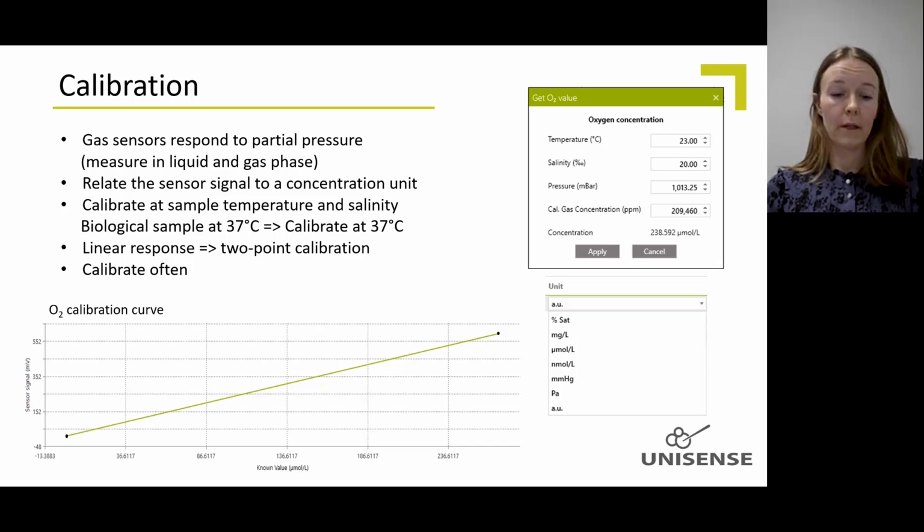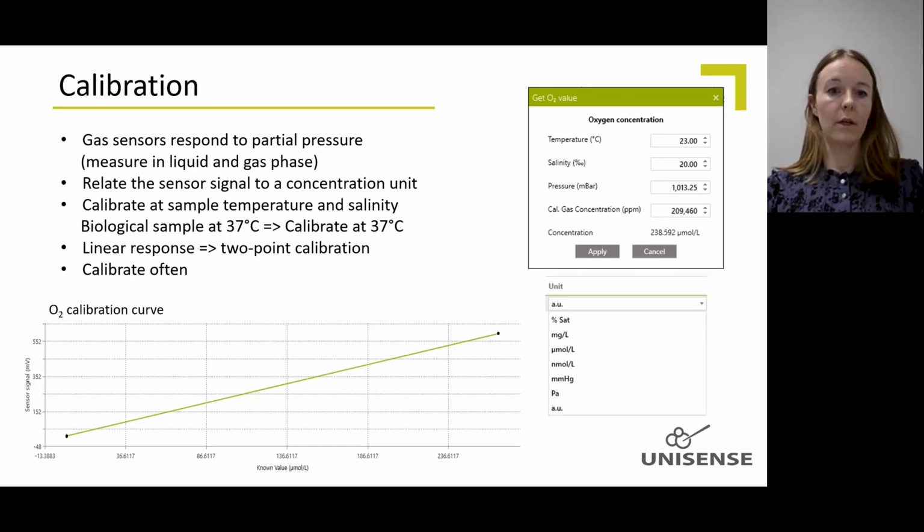It is important that you calibrate at the same temperature and salinity that your sample has. So if you have a biological sample at 37 degrees, you should also do the calibration at 37 degrees. The response of the sensor is linear, and therefore a 2-point calibration is sufficient.